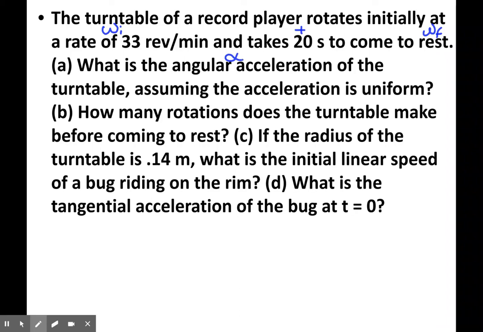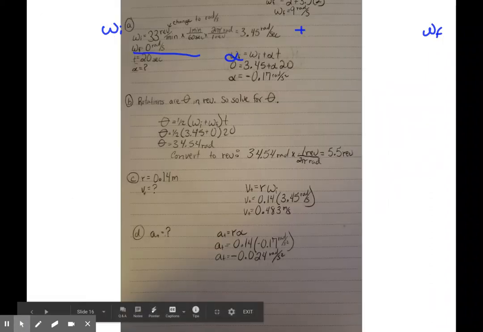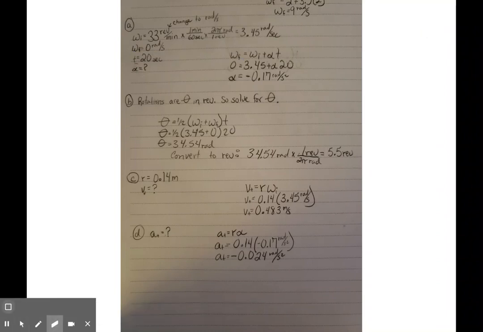If we look at the next page, the first problem I see is revolutions per minute, and we need that in radians per second. This is what we knew: we're given in the problem that 33 revolutions per minute has to be changed to radians per second.